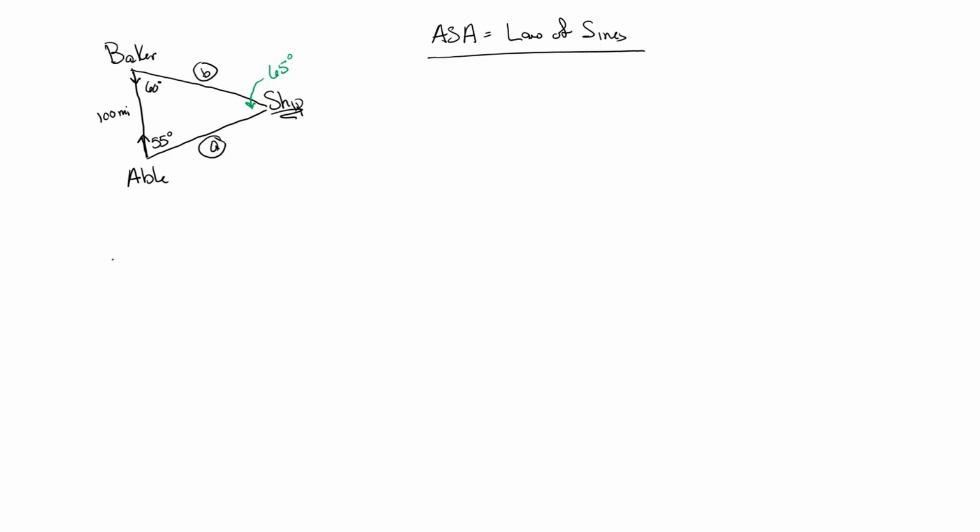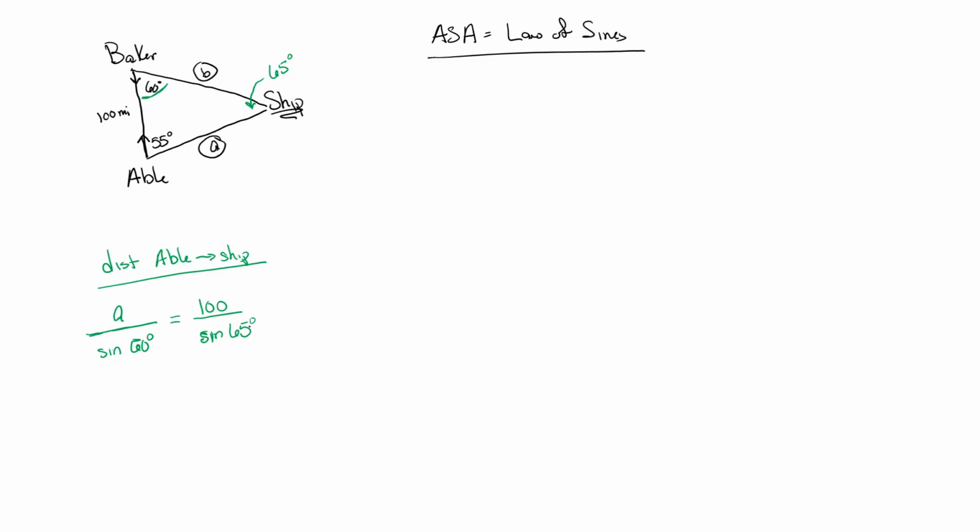Okay, so I want to know how far Able is. I need to know the distance Able to the ship. So we have side A is what we're trying to find, and it's going to be divided by the sine of 60 degrees, because 60 degrees is the angle opposite. And I have that 100 miles, and yep, looks like I needed that 65 degrees, doesn't it?